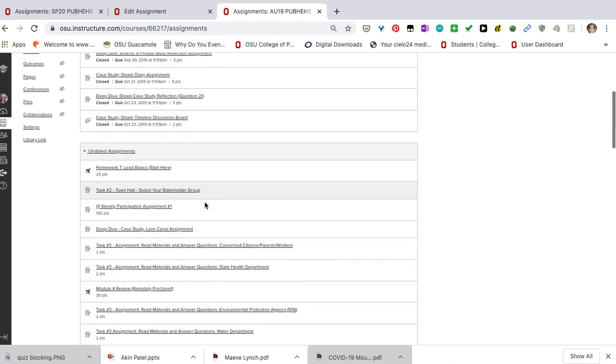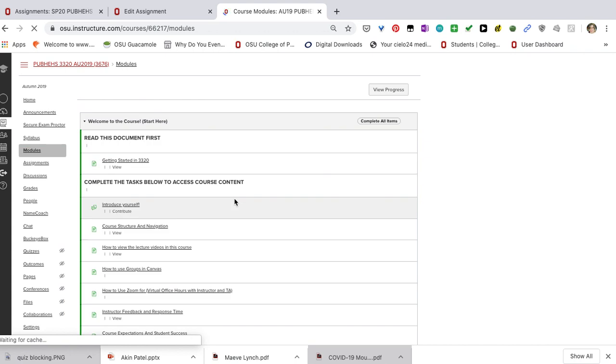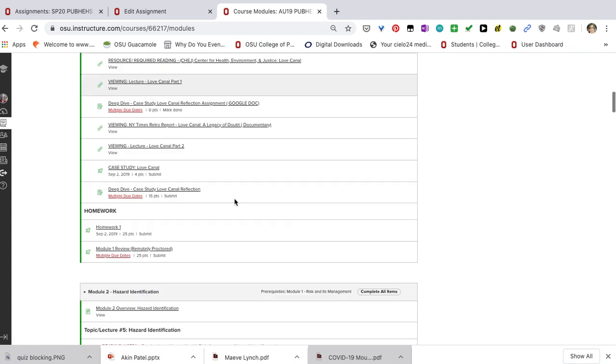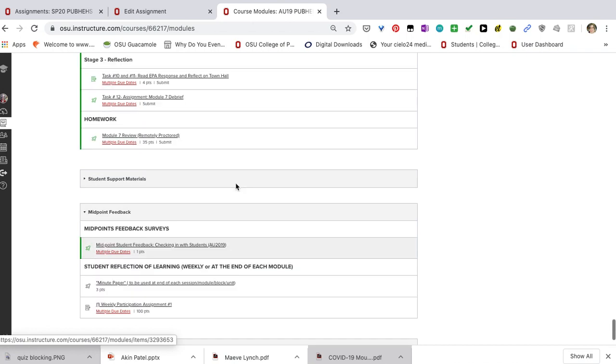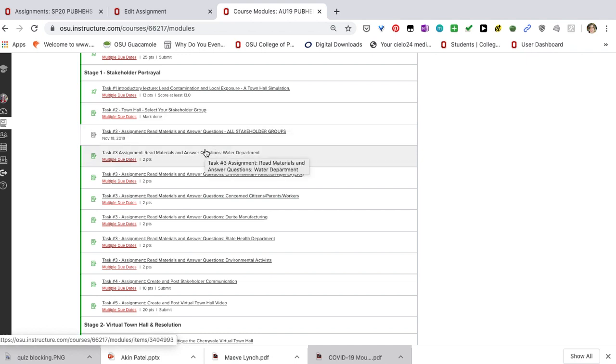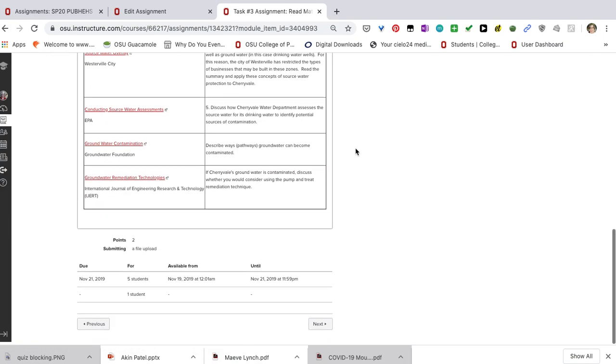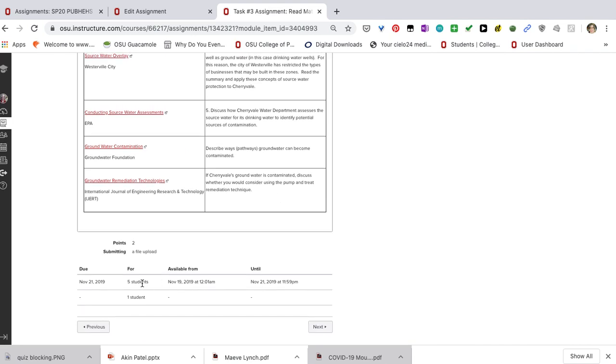Let's say a student chose the water department. The next time they logged in after they completed task 2 and chose that group, they would not see this. They would see water department. And this assignment was assigned to only those 5 students that selected that stakeholder group.